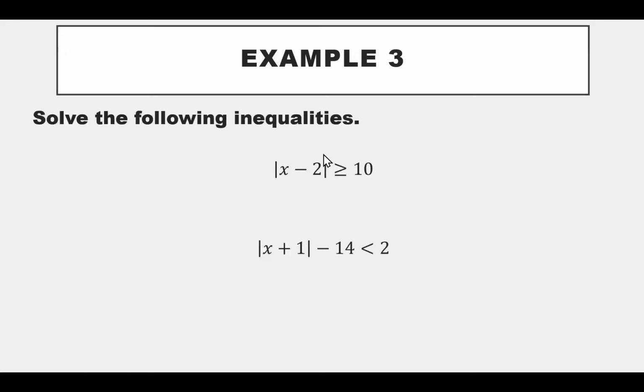Let's do an example. Let's solve the following two inequalities. We have absolute value of x minus 2 is greater than or equal to 10, and the absolute value of x plus 1 minus 14 is less than 2.